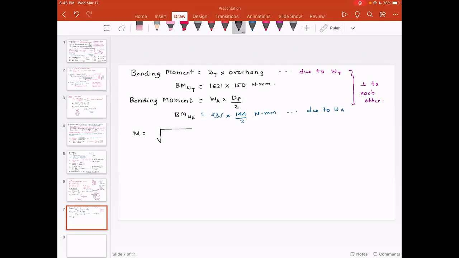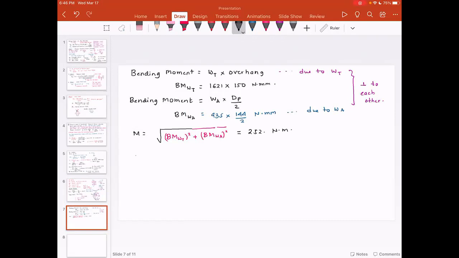So resultant moment is the square root of the sum of the squares. That gives you 252 Newton meter.